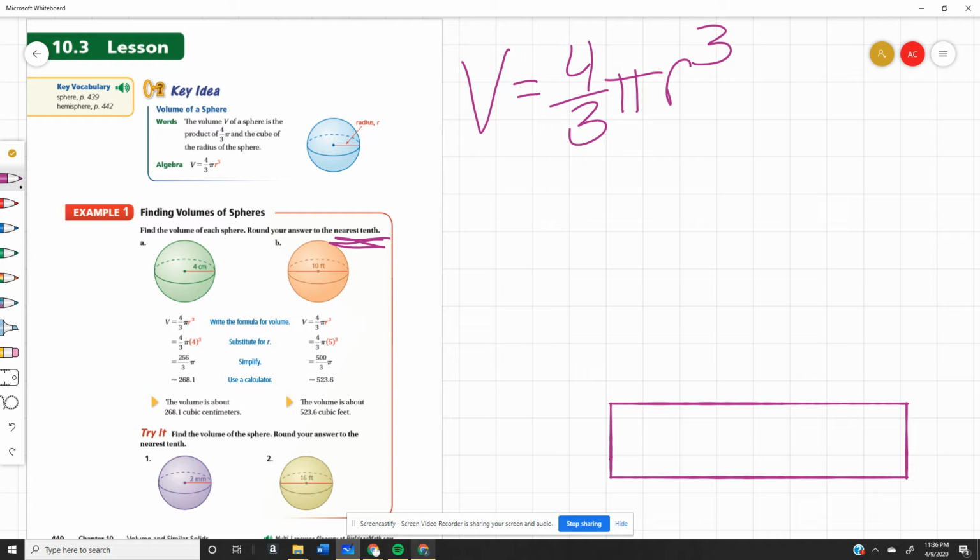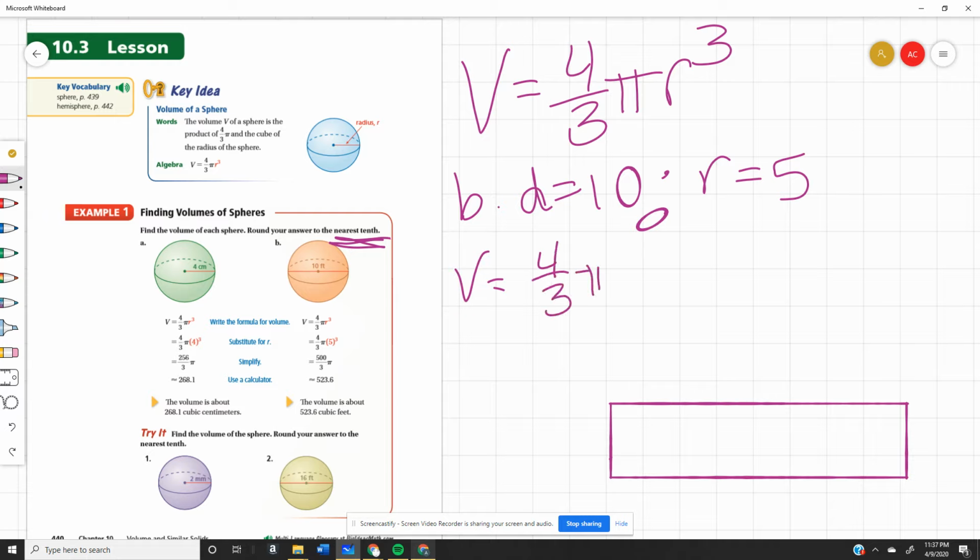B has a radius of, well, it has a diameter. For B, our diameter is equal to 10, which means our radius is equal to 5. So we're going to say volume is equal to 4/3 pi 5 cubed. Now 5 cubed is 125. So 4/3 times 125 over 1 times pi. So 125 times 4 is 500.